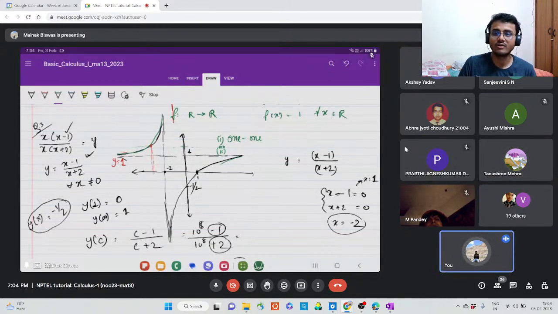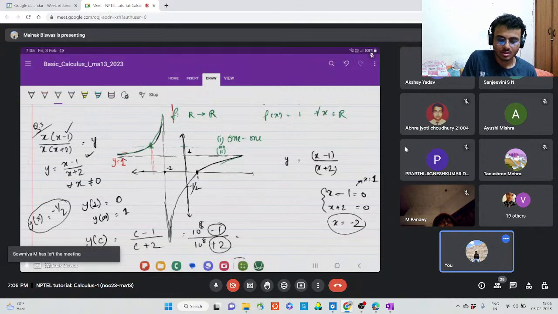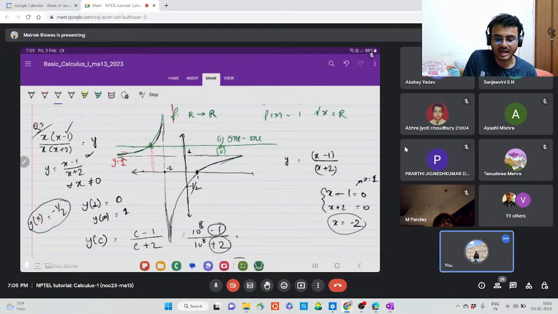If you're given this graph, can you tell me why it's one-one? Somebody told me that for a particular value of y, there's only one x, right? So you take this y value. How many values of x does this y correspond to? This value of y means this line. So every point on this line has y equal to, say, -3, right? Is there any other point on this line that is on the curve?